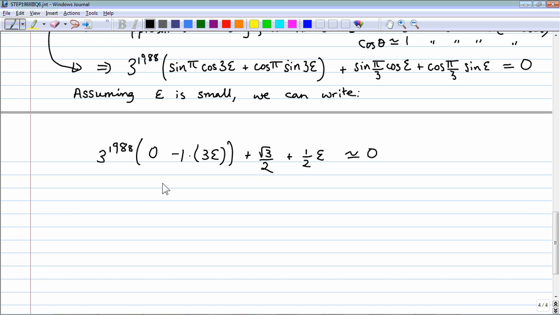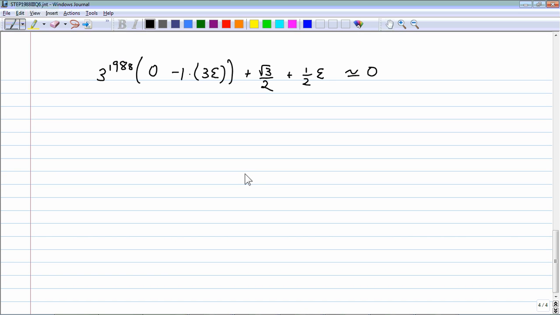Now let's rearrange it to find a formula for epsilon. So therefore, let's factorize out epsilon. We have epsilon times minus 3 to the 1988 times 3, then I've got plus 1/2, is approximately equal to minus root 3 over 2.